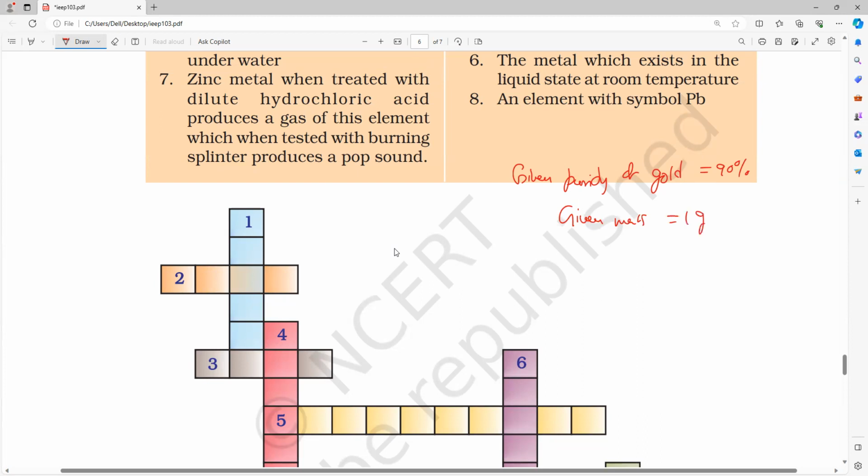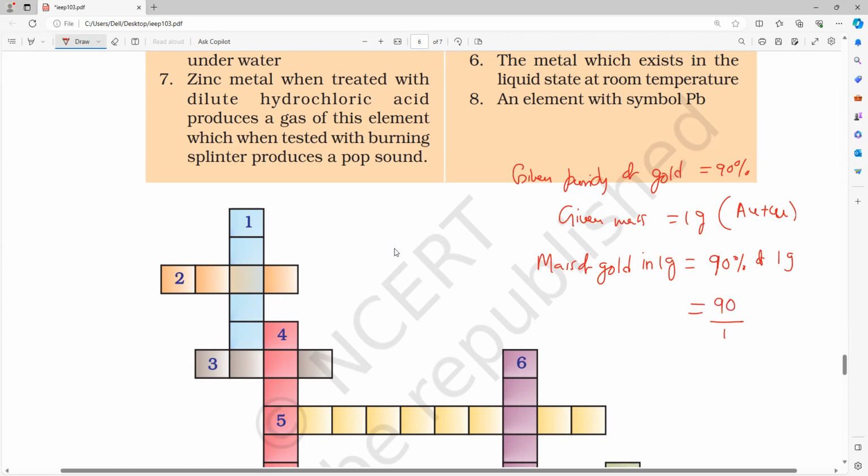Given mass 1 gram. Understanding? So this is actually gold plus copper. So now I want only the mass of gold. So what is the mass of gold in 1 gram? Which is equal to what? 90% of 1 gram. Yes or no, guys? Yes, sir.